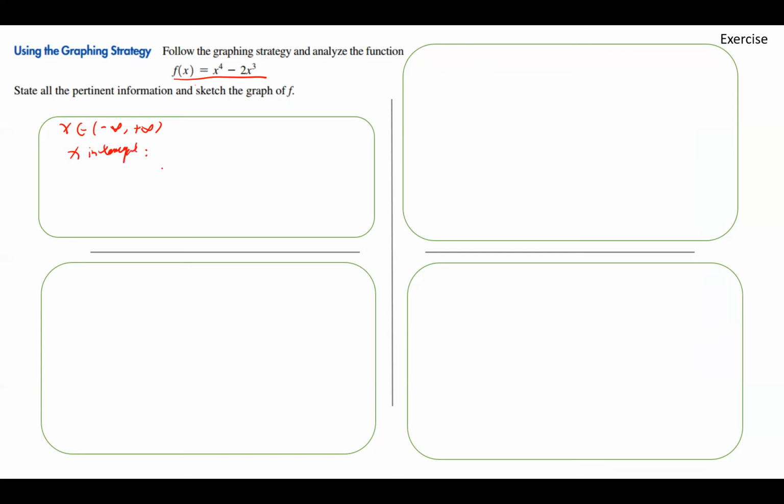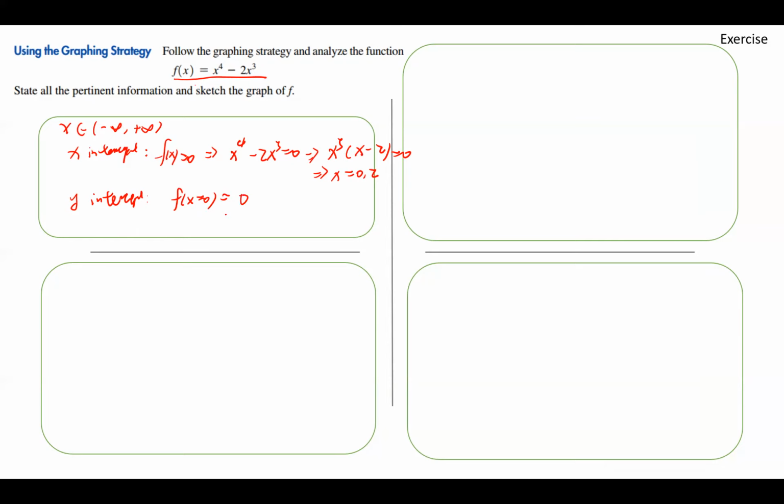The x-intercepts are the points that make this function equal to 0. So setting x to the power of 4 minus this term equal to 0, and if I factor this term out, that gives me x equal to 0 and 2. Both are valid points. Correspondingly, for the y-intercept, setting x equal to 0 gives y equal to 0.